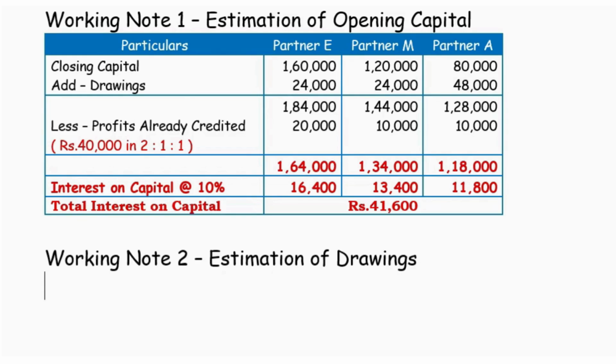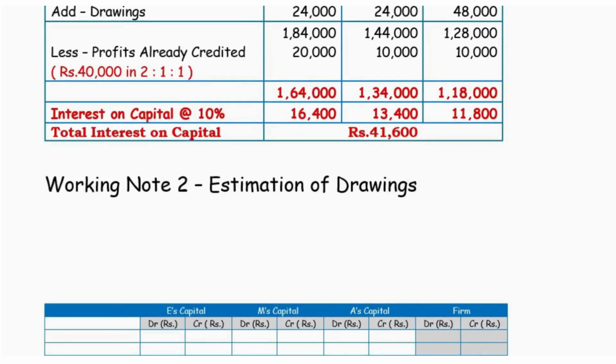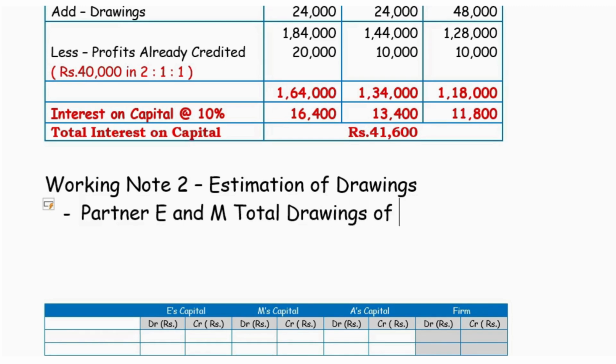We are given in the question that partner E and partner M had made total drawings of rupees 24,000 each at the beginning of each month.